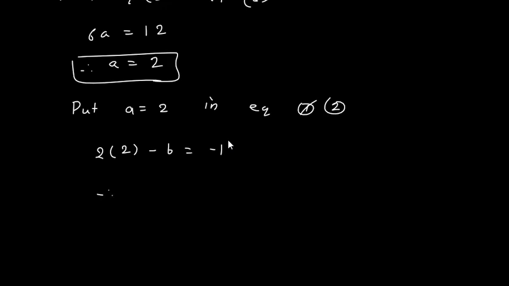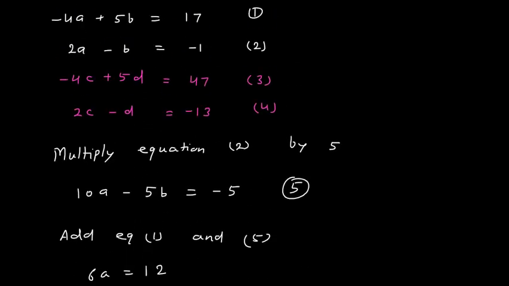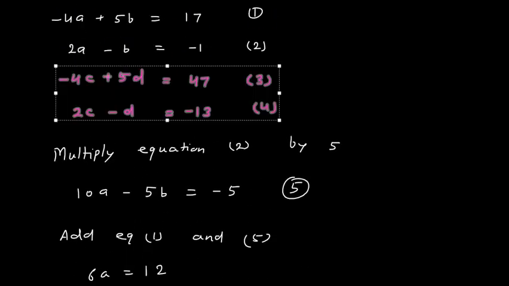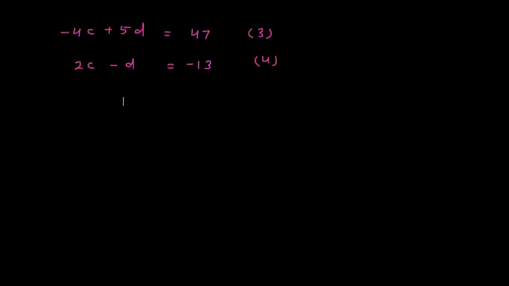So I get the values of a and b. Now we will solve equations 3 and 4. Here we write equations 3 and 4, and let us multiply equation 4 by 2. So we get 4c - 2d equal to -26.